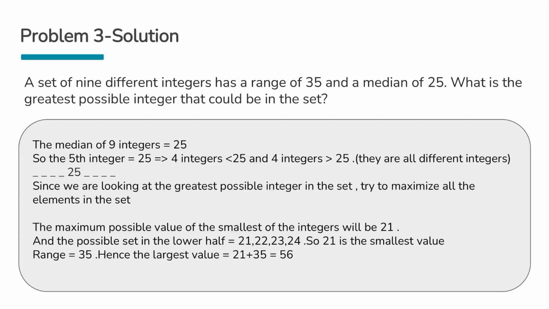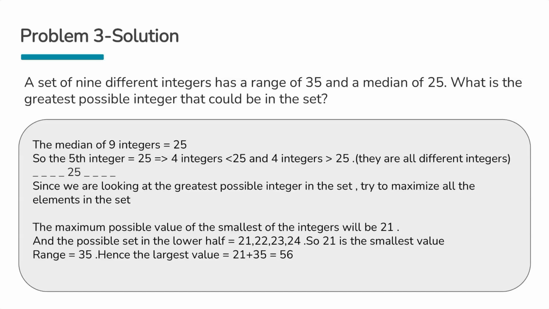Clear? So the first step here is to try to minimize this to get a maximum value in the last element. How do you minimize it? First step is identify the consecutive numbers. Block them with consecutive numbers. Now look at the least number. Check if you can lower it so that, with the range of 35, you get the highest possible number.